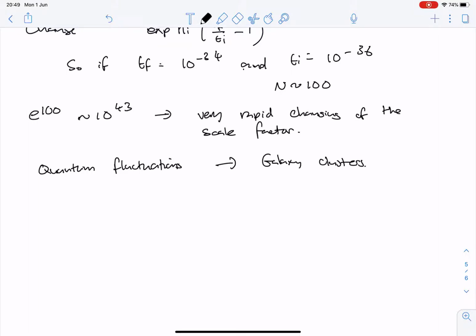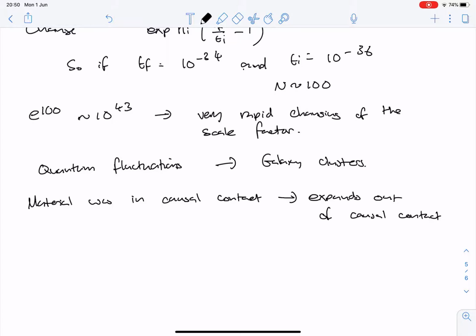But very importantly, what this does is it takes material that was in causal contact, it expands it out of causal contact.